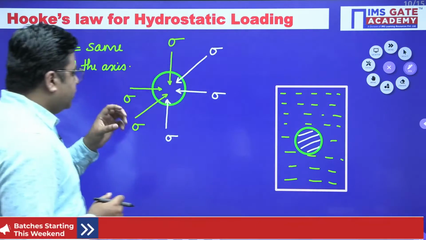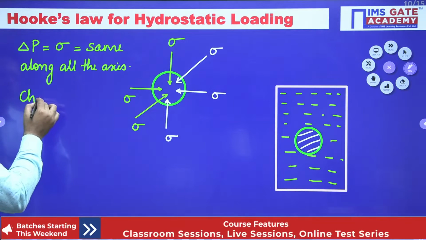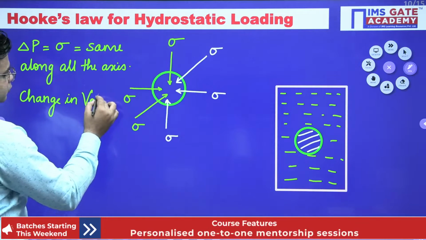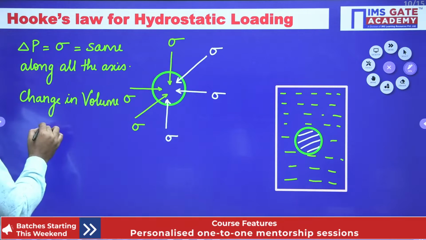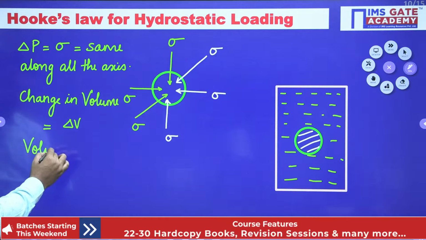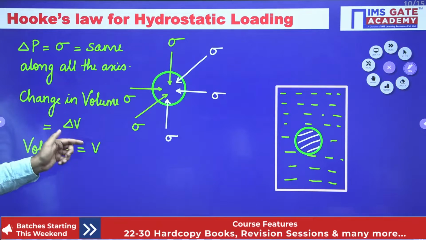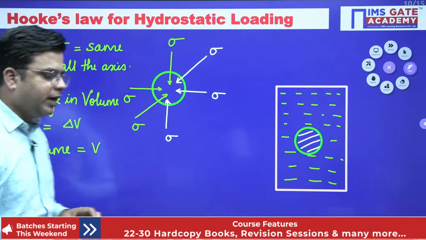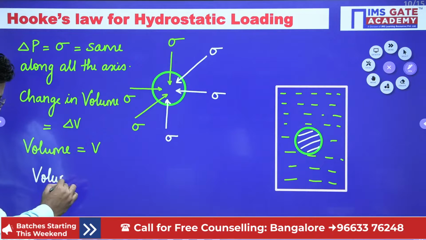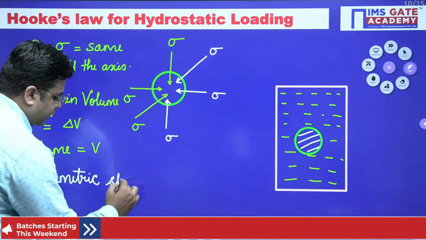Say the change in volume is delta V, and the original volume is V. So this ratio of delta V by V, the change in volume to the original volume, is termed as volumetric strain.